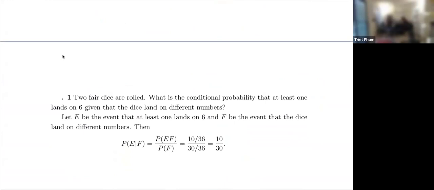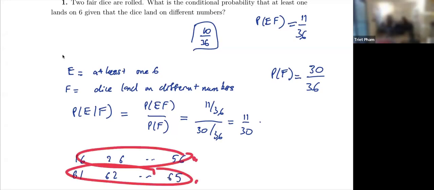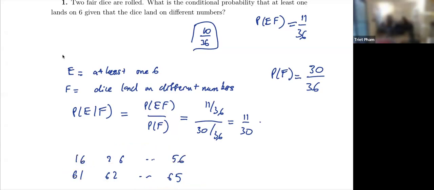Did I make a mistake in this answer? 1,6, 2,6, etc., up to 5,6. Oh, yeah, no, it's 10. And then if you look at this, it's 6,1, 6,2, up to 6,5. So it's not 6 plus 6 minus 1, because the 6,6 is counted both here. So it's 10. Is that okay? This is 10.